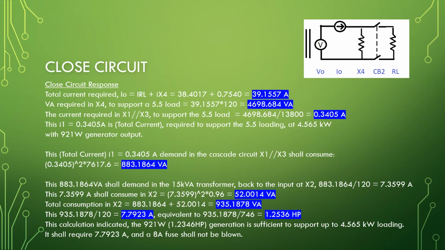Total current required I0 equal to IRL plus IX4 equal to 38.4017 plus 0.7540 equal to 39.1557 ampere.